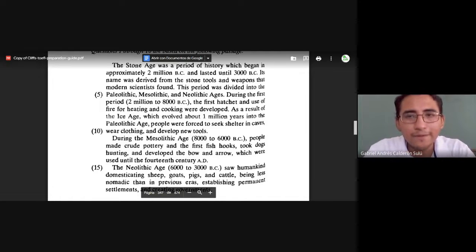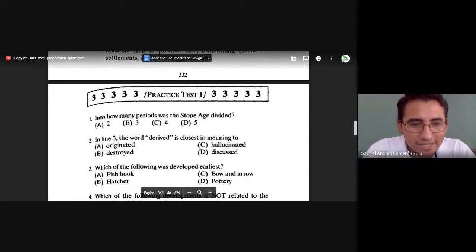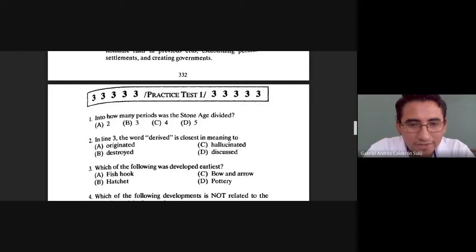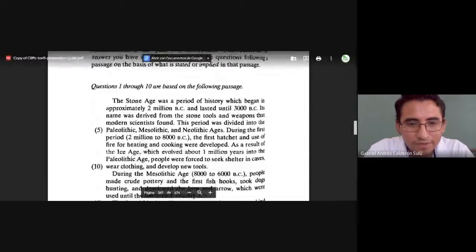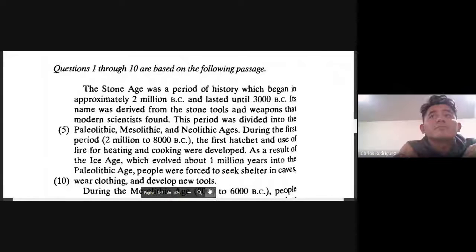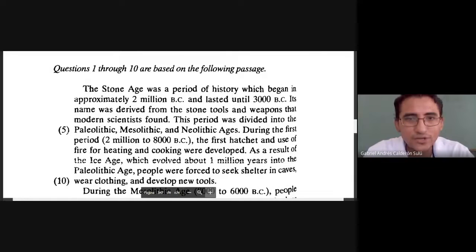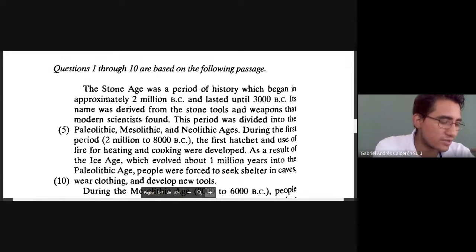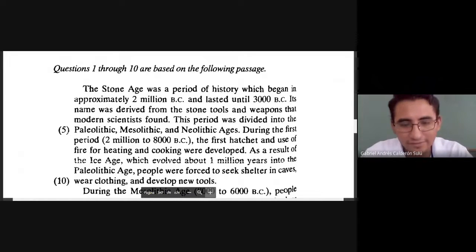The next question is, in line 3, the word derived is closest in meaning to. What does derived mean in line 3? Remember to answer in your own words first. What is derived?